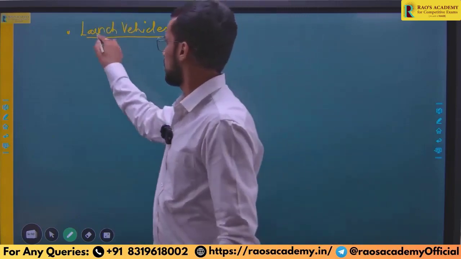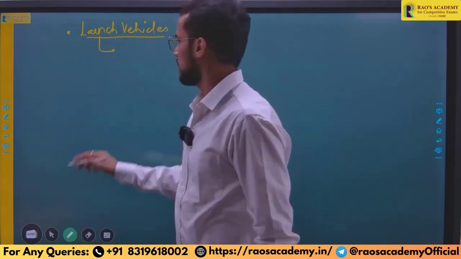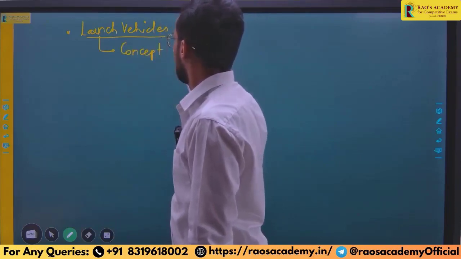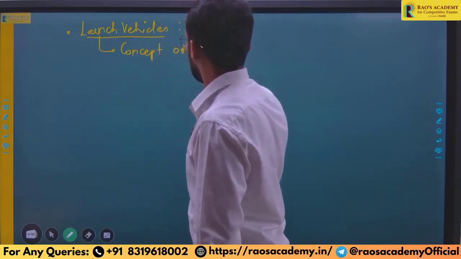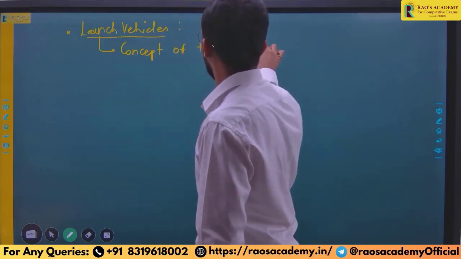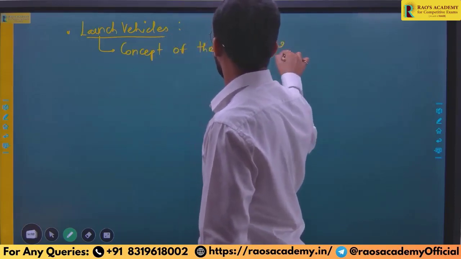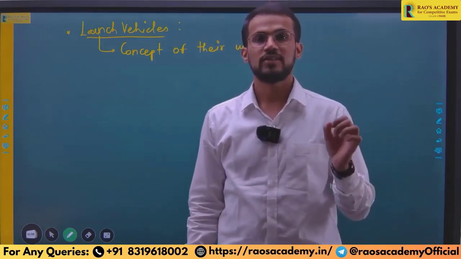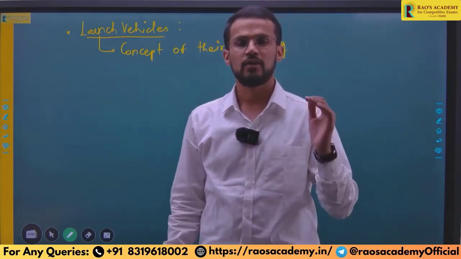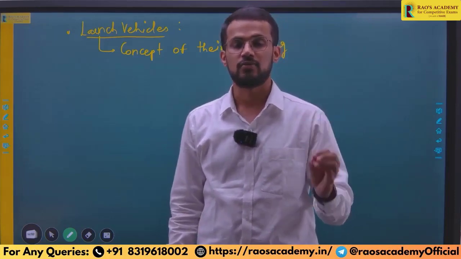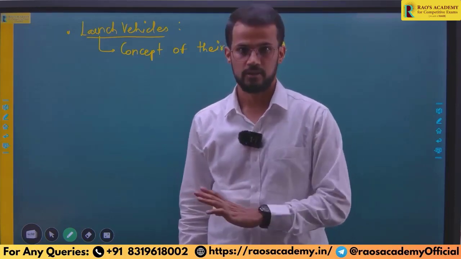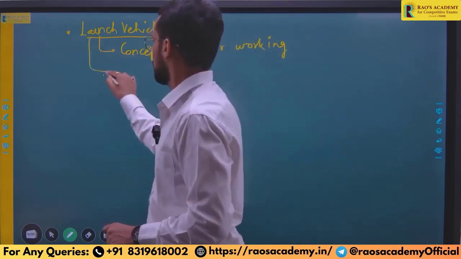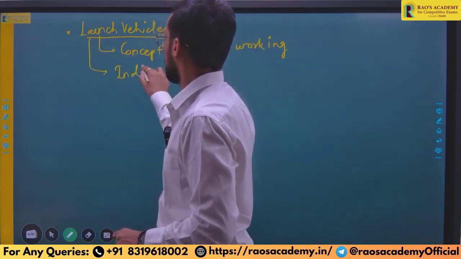Under launch vehicles, what is important is the concept of their working. They work on the basis of stages. There are different stages of a launch vehicle, and those stages are fired one after the other.